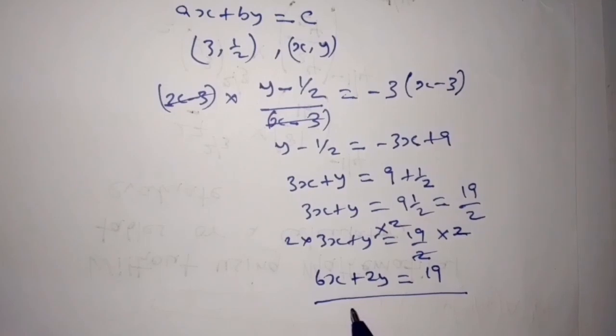So this is our equation in the form of ax plus by is equal to c. It is 6x plus 2y is equal to 19.